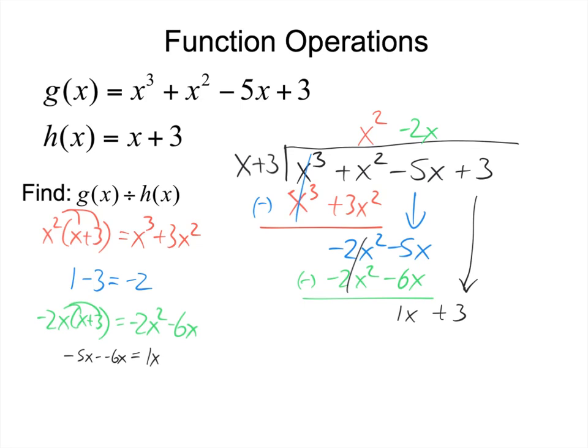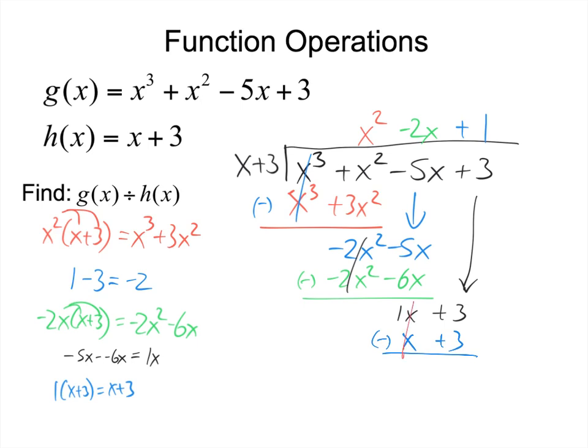Alrighty, so now what times x gives you 1x? Well, wouldn't that be 1? So we're going to add 1 here, and 1 times x plus 3 is, well, x plus 3. So put x plus 3 down here, and we're going to subtract down. What do we get here?